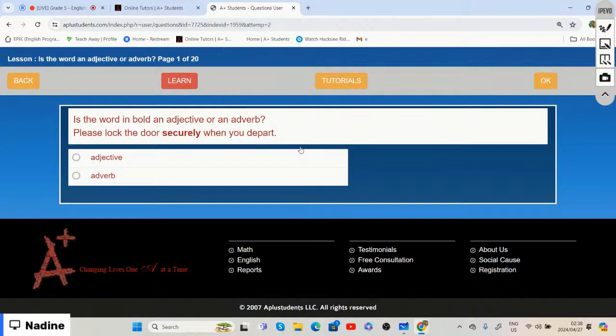Securely, is that an adjective or an adverb?